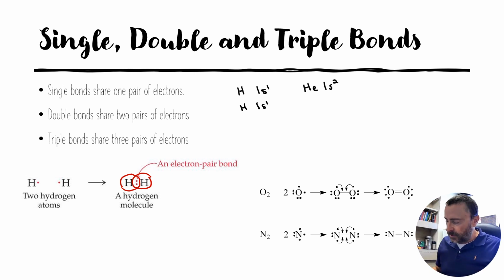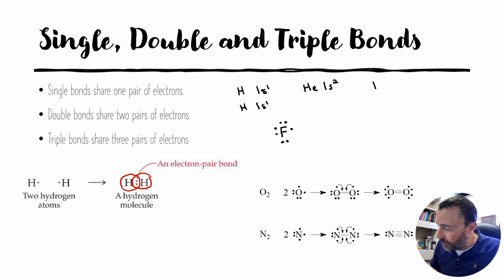Same sort of idea if we were to bring a couple of fluorines together. Fluorine, remember, has 7 valence electrons around it.